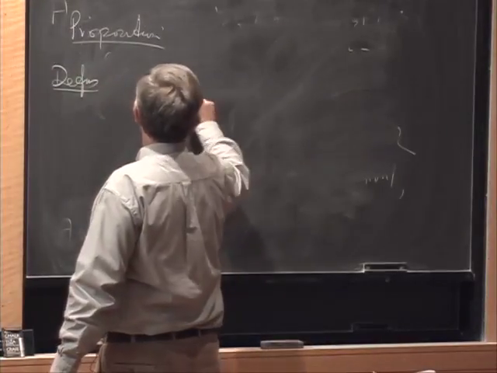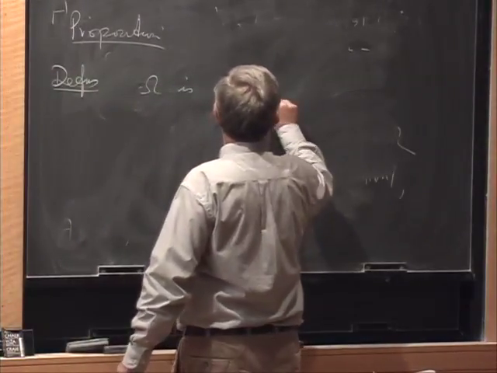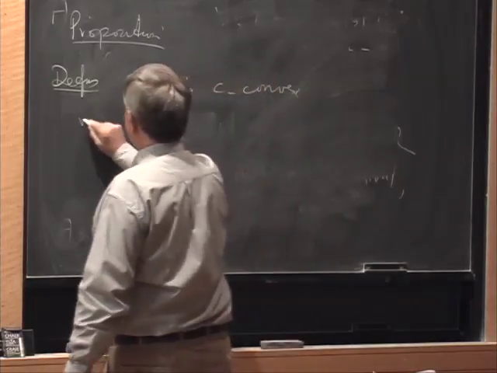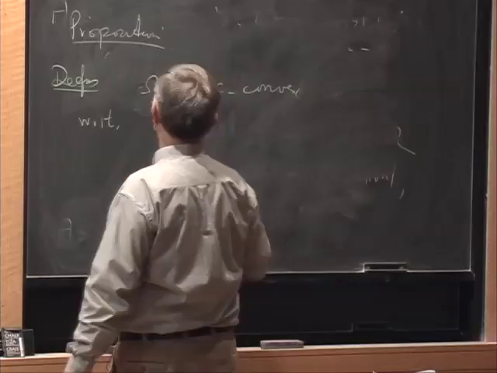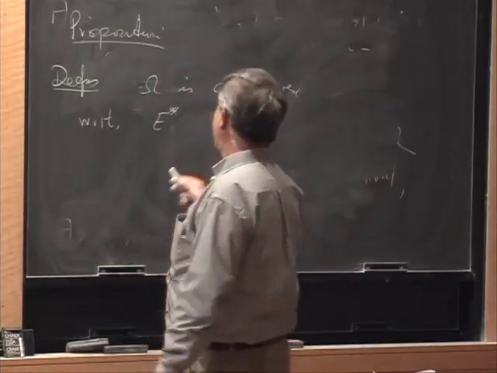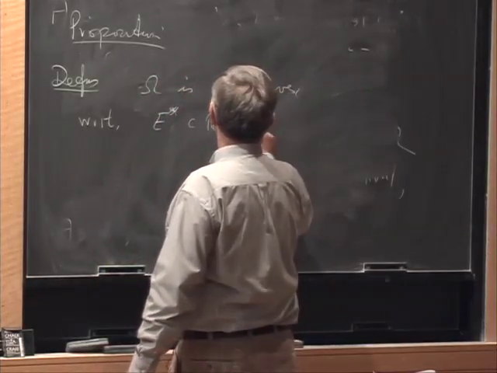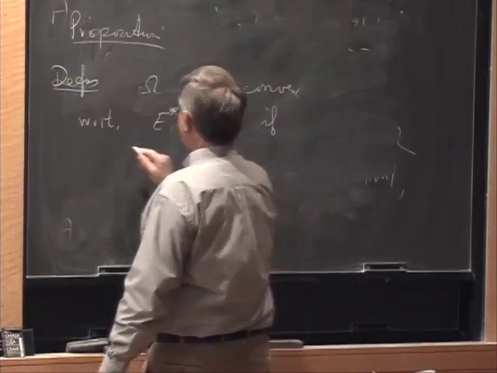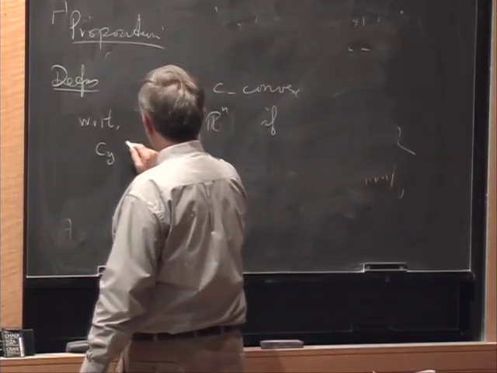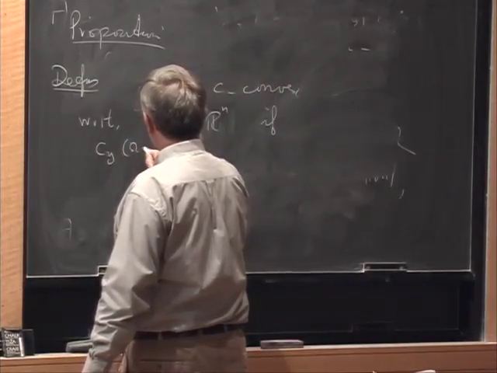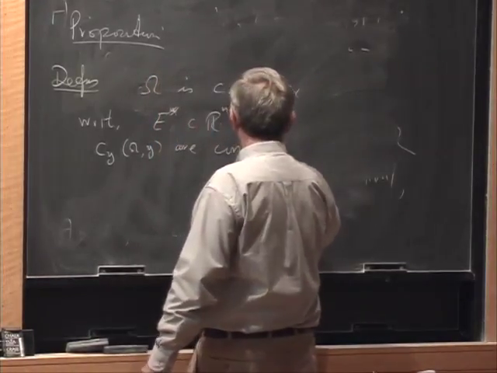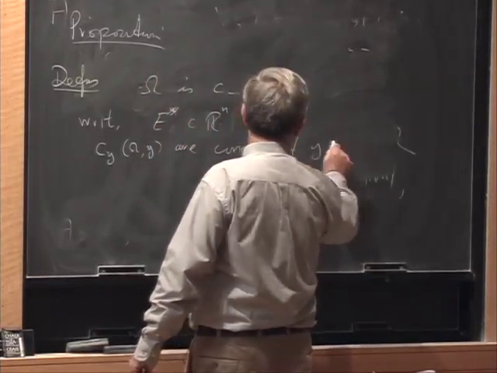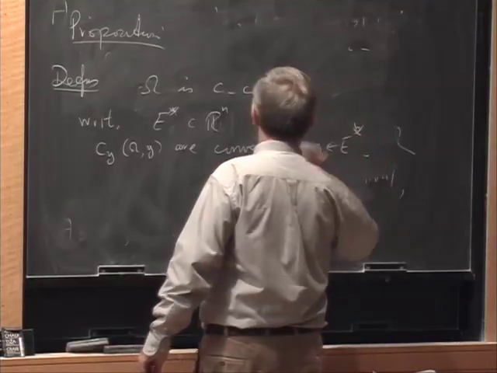We say that omega is C convex with respect to, let's say, some set E star. Just call it E star because it could be one point, some E star in Rn, if all these images, Cy of omega, are convex. All these sets are convex for all y in E star. First definition.